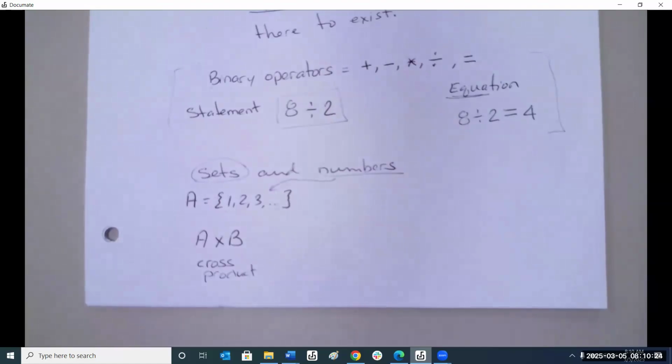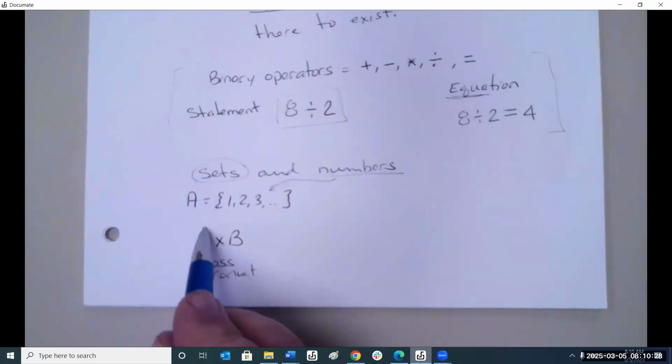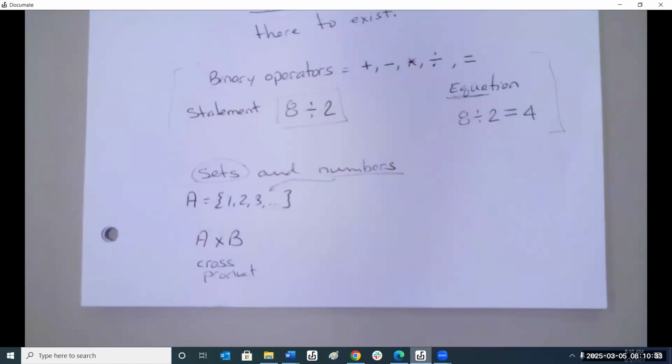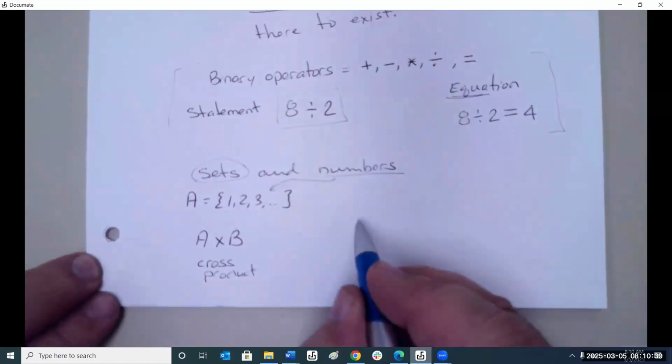It doesn't mean multiplication. It means cross product. It means all the elements of A are multiplied to all the elements of B. As opposed to numbers.